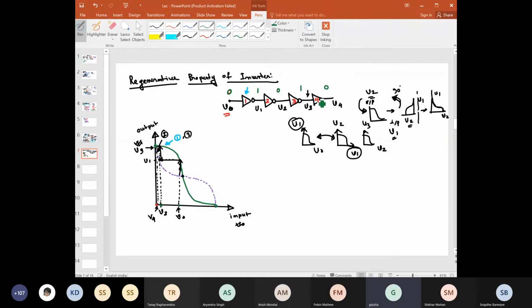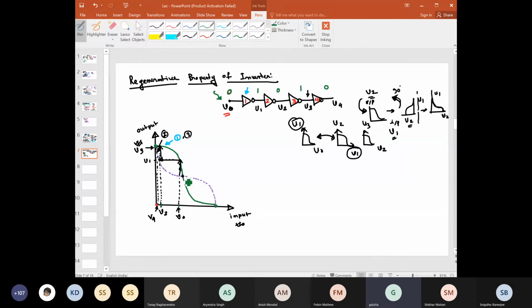When this V3 is passing through to V4, you can see it is almost superimposed with this 0 volt, right? If you have a single noise source, remember that we are assuming here that the noise is getting introduced only in this place, not after that. If there is only a single noise source, and that has corrupted your input value, but remember that it should not be beyond VTH, then it can recover.